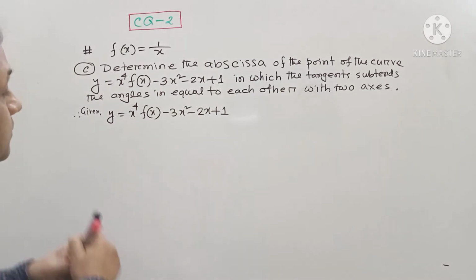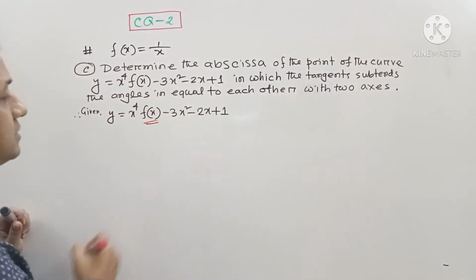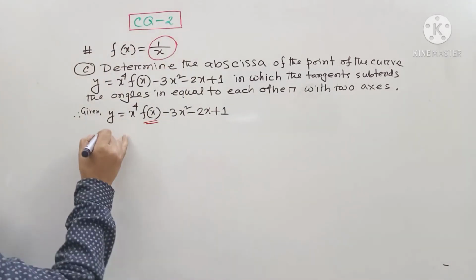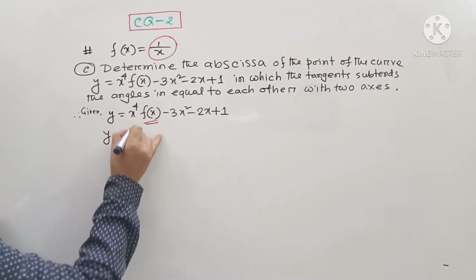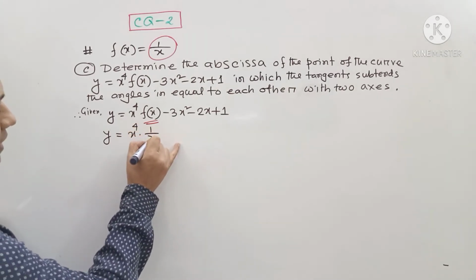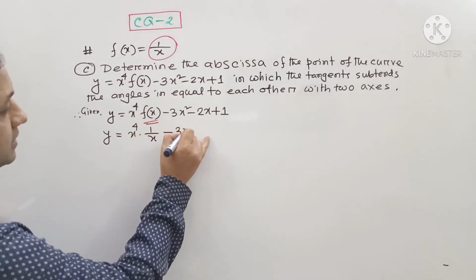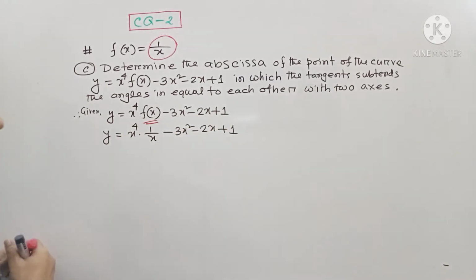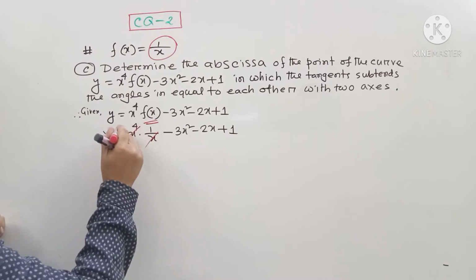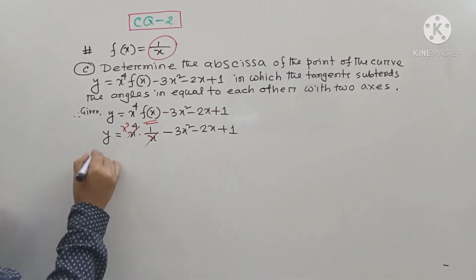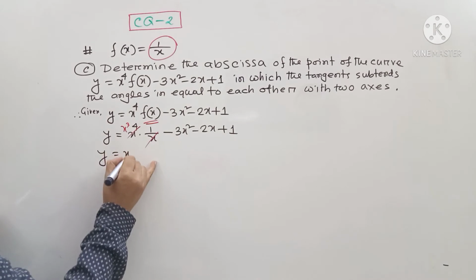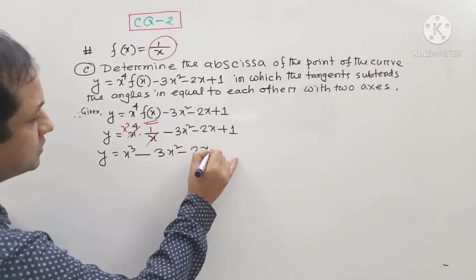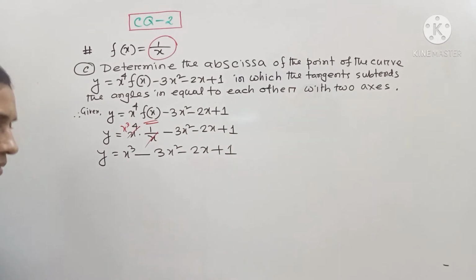Now student, putting the value of f of x, here f of x is 1 by x, so we have y equals x to the power 4 into 1 by x minus 3x squared minus twice x plus 1. Here x and x to the power 4 cancel, then we get y equals x cube minus 3x squared minus twice x plus 1.